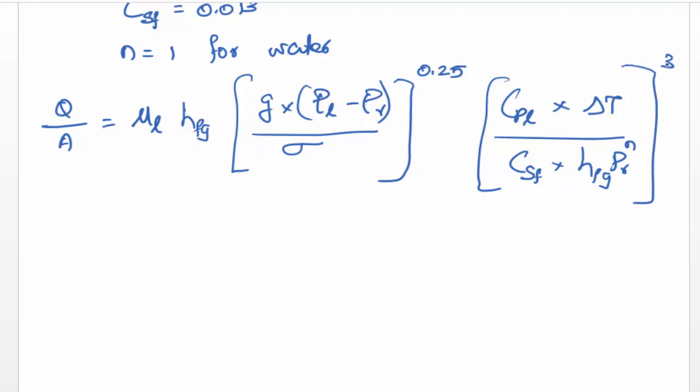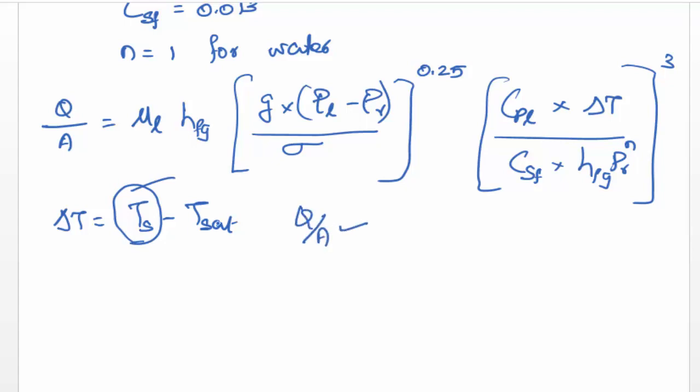Now in this formula, two values are unknown. First, del T. You know that del T equals Ts minus T saturation. Here you don't know the value of Ts, which has to be found out. T saturation is 100 degrees Celsius. The second unknown value is Q by A. So if Q by A is known, then the Ts value can be found out.